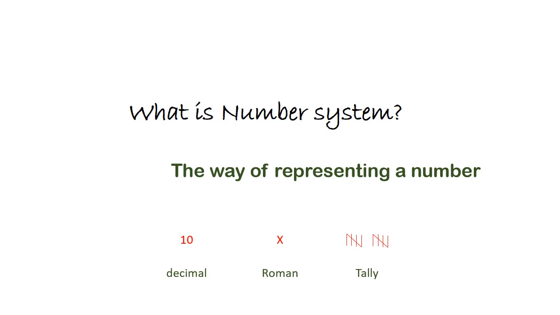There are many number systems that existed from ancient times, like tally symbols, sign value notations, Roman numerals, the European number system. Various number systems existed from our ancient time.